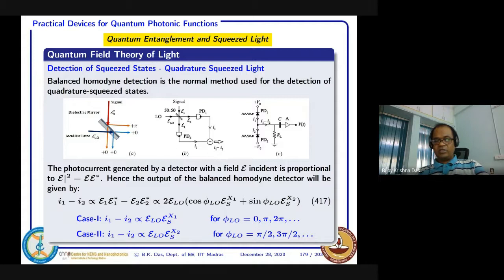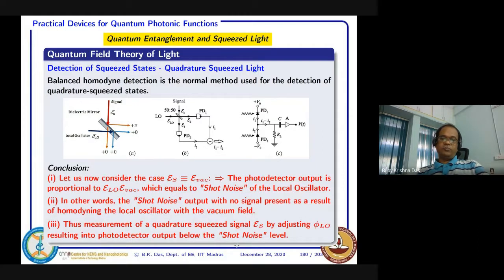Now next thing is that I want to detect whether this squeezed light is really squeezed or not. We would like to know. So what we have to do, now, consider how it is actually used to estimate the squeezing. Consider that ES is now E vacuum.